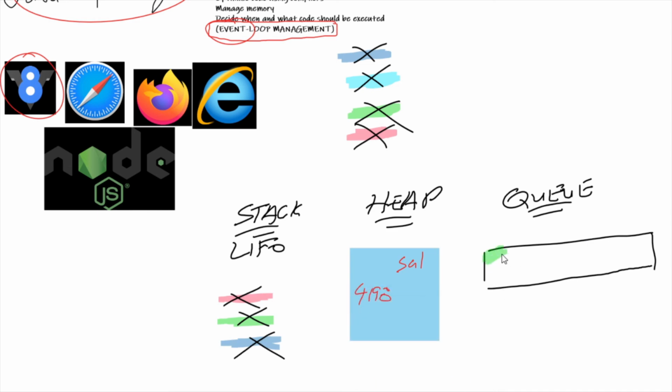And when there's time to execute that function, that piece of code is taken off of the queue, put onto the stack, and then executed off of the stack. So these three structures, the ability to handle real-time execution on the stack, to have things wait for later, the queue, and then the heap, the unstructured space of memory, help create the loop in the event loop cycle we got up here.